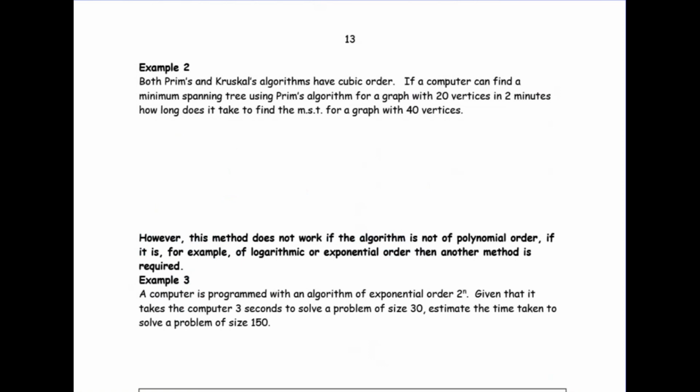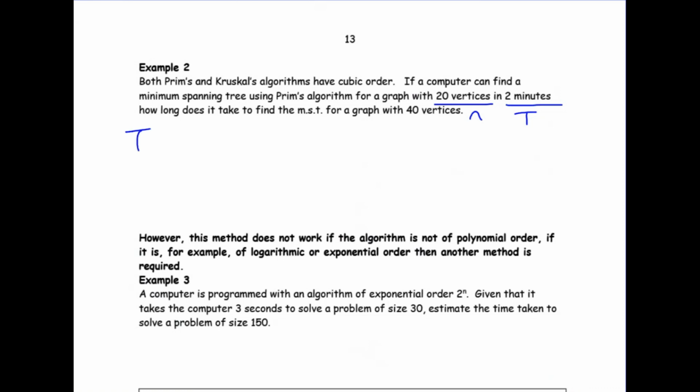Later on in the course, we're going to do algorithms called Prim's and Kruskal's algorithms. So these have cubic order. This says if a computer can find a minimum spanning tree using Prim's algorithm for a graph with 20 vertices, so this is our n, in 2 minutes, which is our T. How long does it take to find the minimum spanning tree for a graph with 40 vertices?